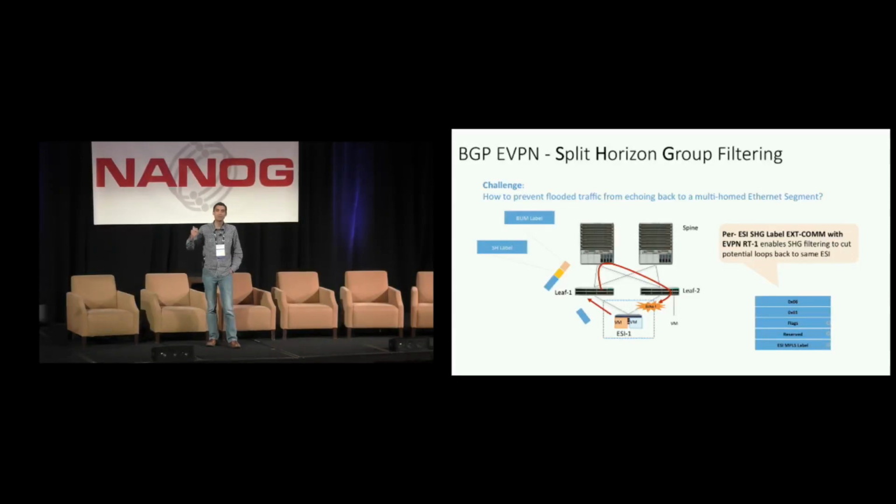At the same time, we must ensure that the other leaf that this host is multi-homed to, and receives the packet, does not echo the packet back to the host that originated the packet in the first place. And this is accomplished via a split horizon group filtering mechanism, where each leaf, for a local ESI that is attached to that leaf, allocates a split horizon group label and advertises it to all the other leaves in that ESI's redundancy group.